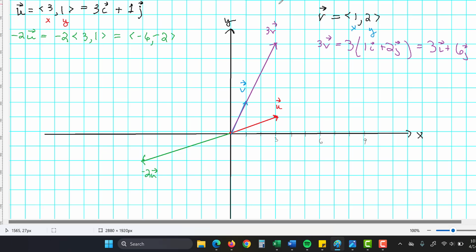All right, now what we can do is we can make a parallelogram and then compute the cross product to find the area. So let's go through here and make a parallelogram. I'm going to try to copy the same vector 3v and put it over here.